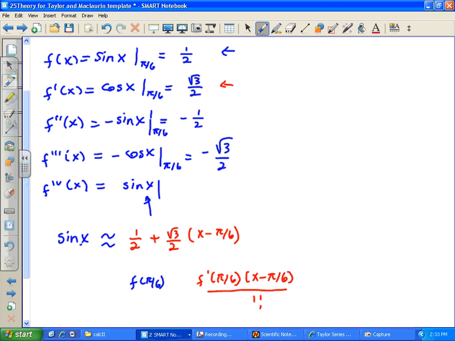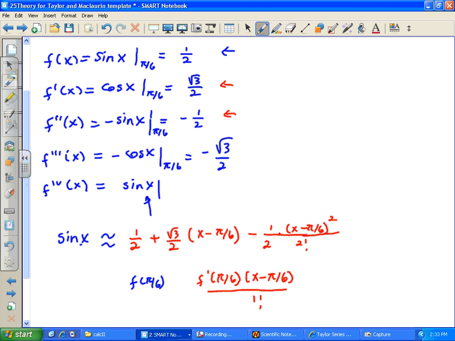Okay, the next one will be the second derivative at pi over 6, which is negative a half, times x minus pi over 6 squared divided by 2 factorial.